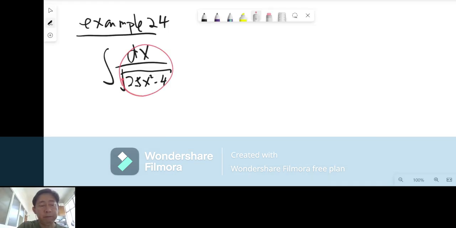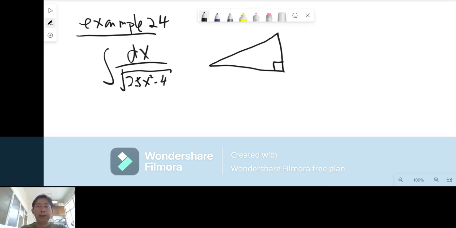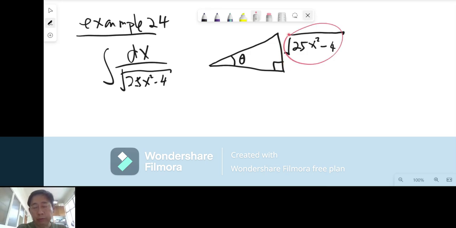We proceed with the integration by mapping the square root term to a right triangle with the height having the value of the square root. We'll label the angle of the right triangle as theta. Then you can use Pythagoras theorem to label the hypotenuse and the base.